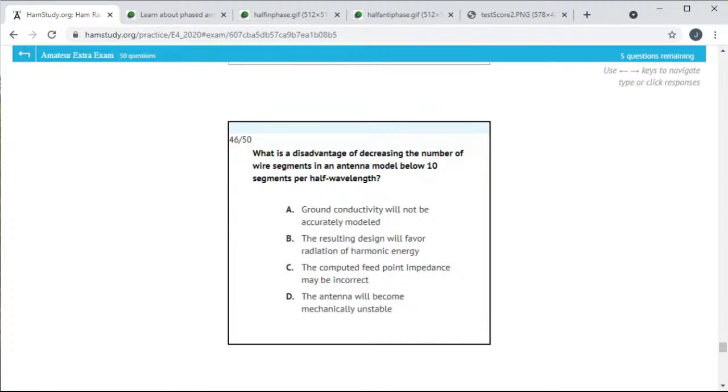B, the resulting design will favor radiation above harmonic energy. C, the computed feed point impedance may be incorrect. D, antenna will be mechanically unstable.